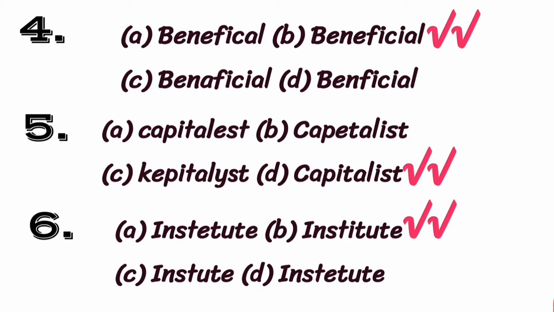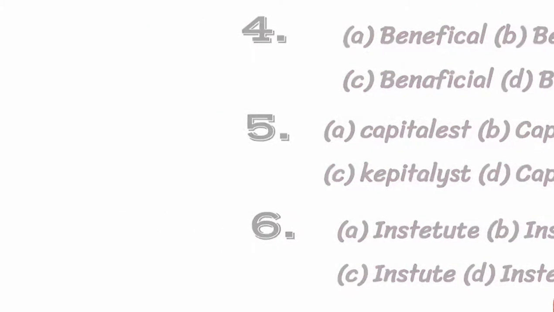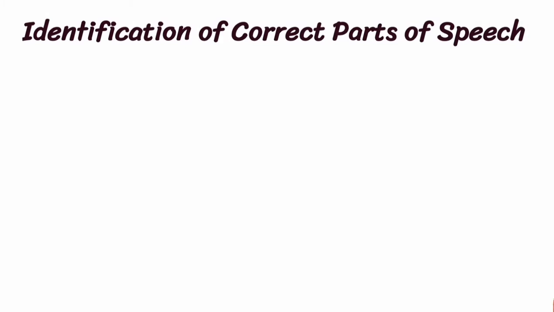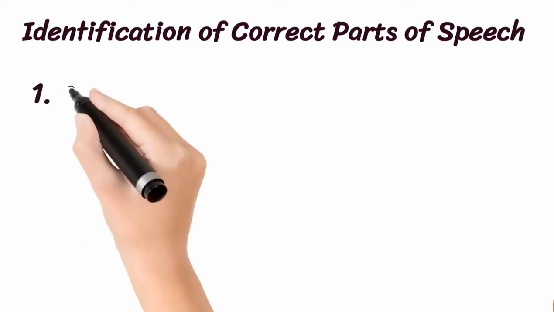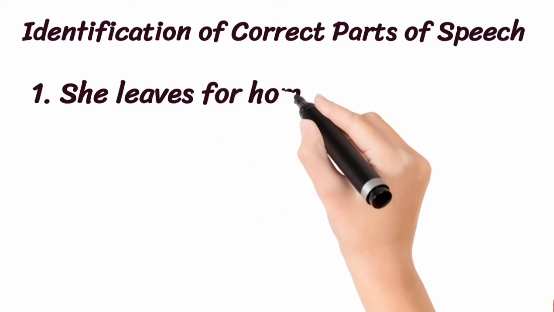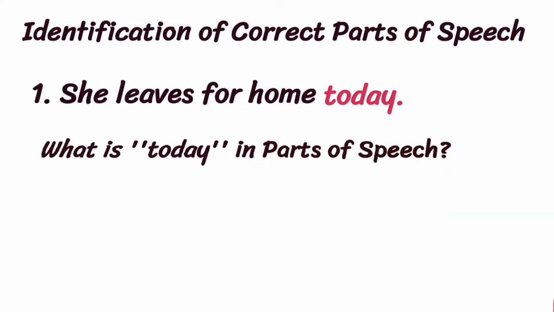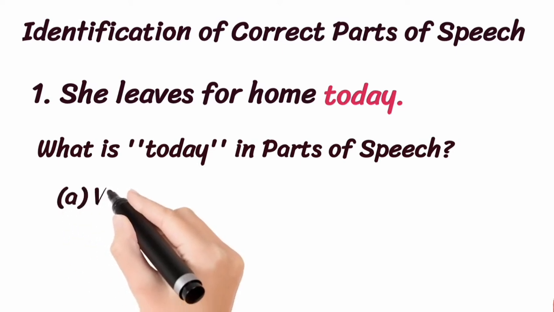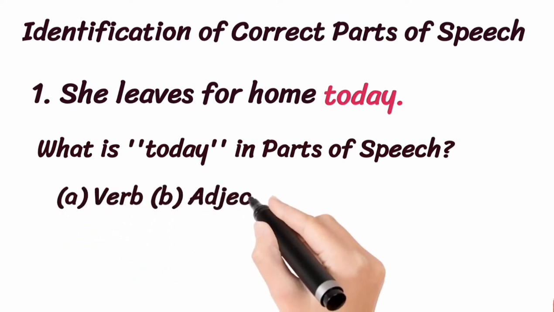Now we will move further to the second subsection, which is identification of correct parts of speech. In this subsection, a sentence will be on your screen with a word colored in pink, for which you have to find the correct parts of speech. First question of this subsection is, she leaves for home today. What is today in parts of speech? Option A is verb, option B adjective, option C noun, option D adverb.